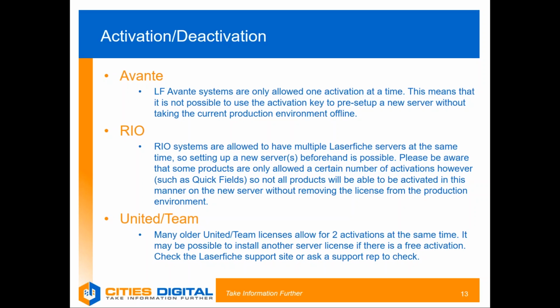United and Team are the old concurrency-based license systems that we don't really have too many of anymore. Many of the older Team and United licenses allow for 2 activations at the same time. It may be possible to install another server license if there's a free activation. We need to check the Laserfiche support site and ask a support rep to check, or ask us to check.